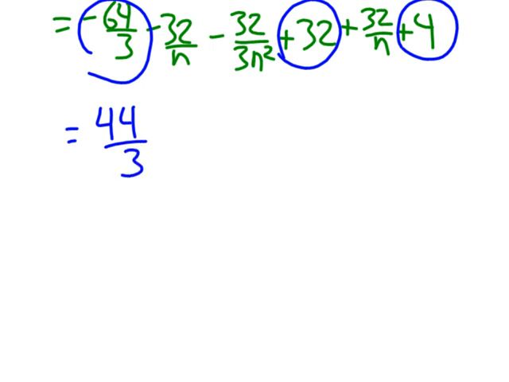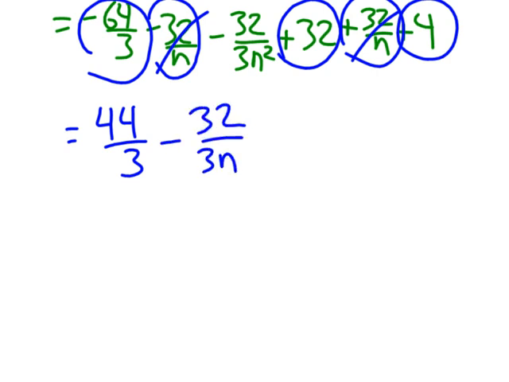And then if I go on to the over n terms, those just happen to cancel out. Most of the time that doesn't happen, but in this case, those two just canceled out. And then finally, minus 32 over 3n squared. And that, ladies and gentlemen, is our right-hand sum.